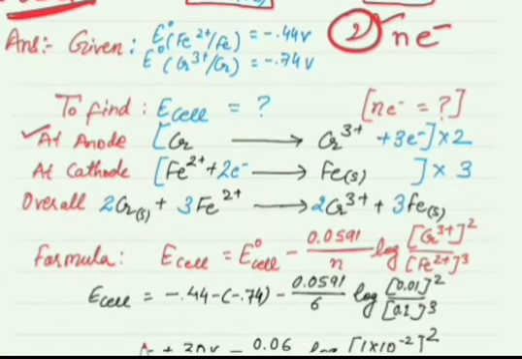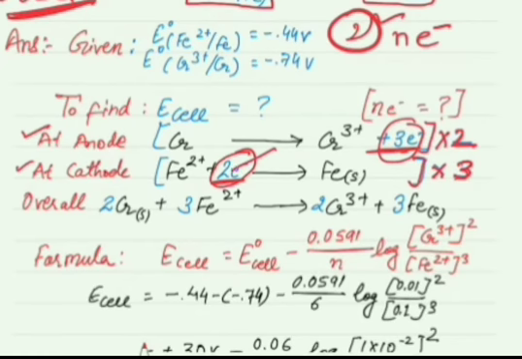So the reaction at the anode: electrons will be released at the anode, oxidation of the metal will happen, and we get 3 electrons. At the cathode, ferrous ions take 2 electrons and change into solid iron, right. So in order to balance this equation, we will multiply the second equation by 3 and the first equation by 2. By multiplying with these coefficients, we now get the exact number of electrons produced at the anode and the exact number of electrons consumed at the cathode, because 3 times 2 is 6 and now 2 times 3 is 6.